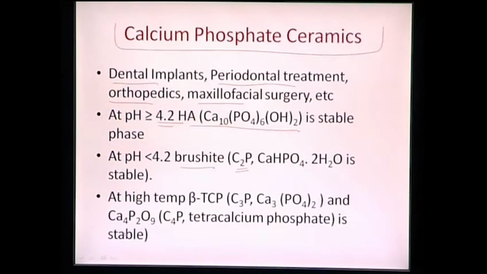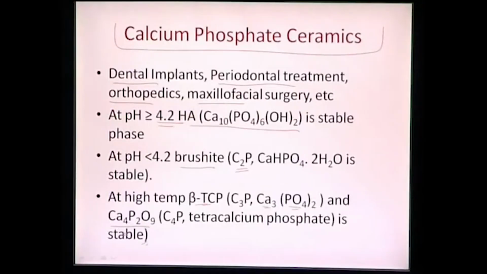Or at high temperature, we have beta tricalcium phosphate, which is Ca3(PO4)2, much more stable. And again, at high temperature, we also have tetracalcium phosphate, which is Ca4P2O9, stable at very high temperatures. So at more than a pH of 4.2, for more alkaline conditions, we have hydroxyapatite, which is more stable.